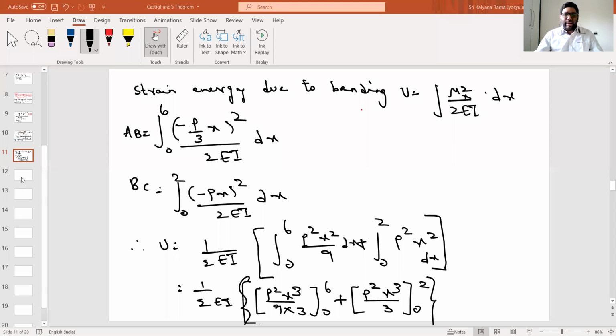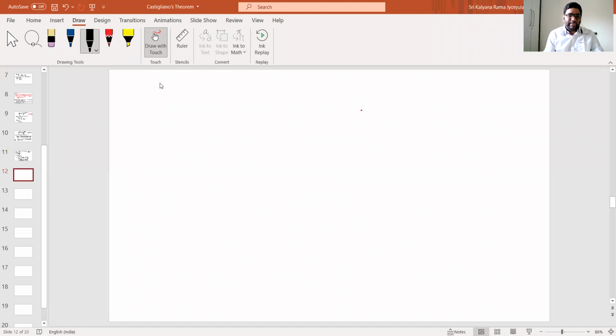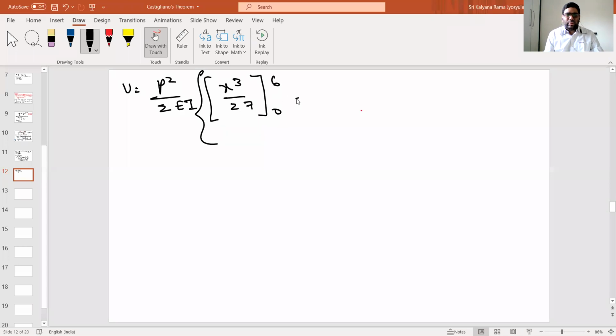I will take P square also out. So U is equal to P square by 2EI into x cube by 27, 0 to 6, plus x cube by 3, 0 to 2 limits.